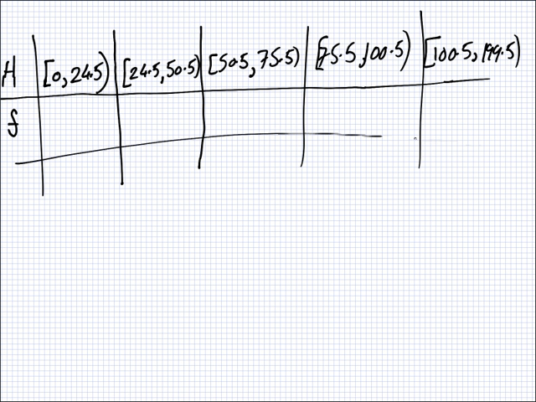Now, let's fill in the frequencies here: 5, 4, 3, 2, and 1. For this one, you'll have to use the middle number to estimate for each cell. The middle of 0 and 24.5 is 12.25. You just add and divide by 2.